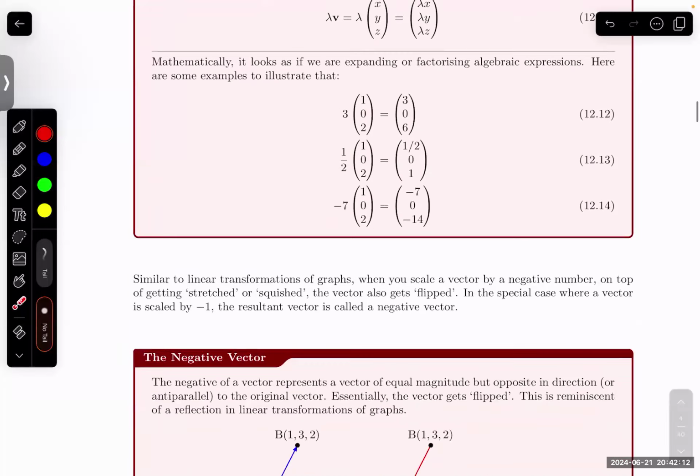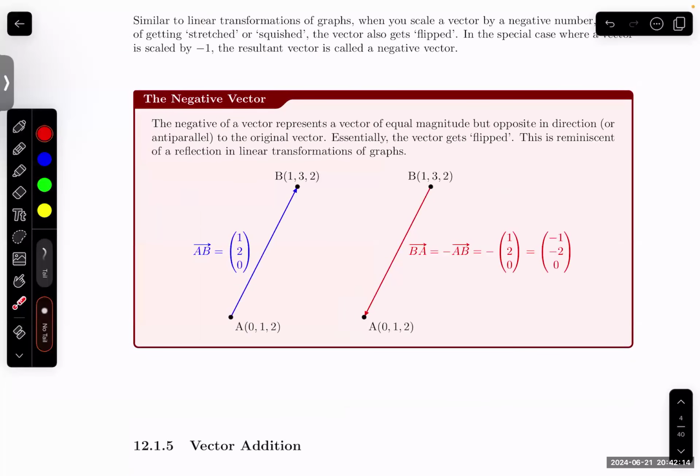Okay, next part. Negative vector is just scaling by -1 or multiply by -1, which means all of its components will just flip sign. If your components are, for example, in this case, positive, positive, and 0, then it will flip to negative, negative, 0.